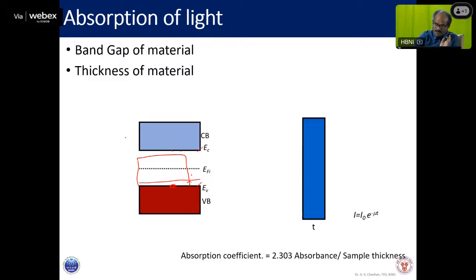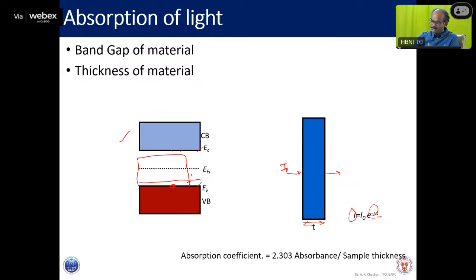So one is band gap, another is the thickness of this material. The intensity coming out is I equals I0 e raised to the power minus mu t, suppose we have an intensity I0 falling on this surface, where mu is the linear absorption coefficient of the material.